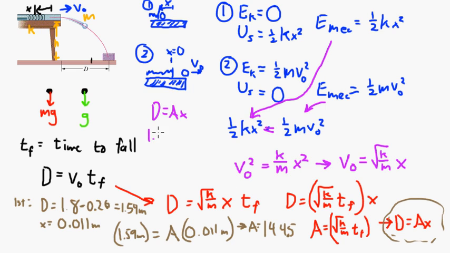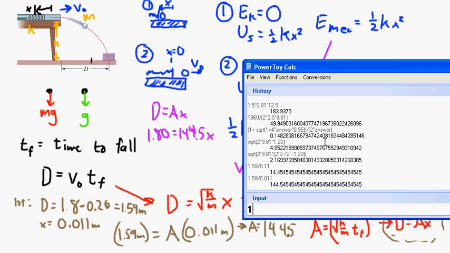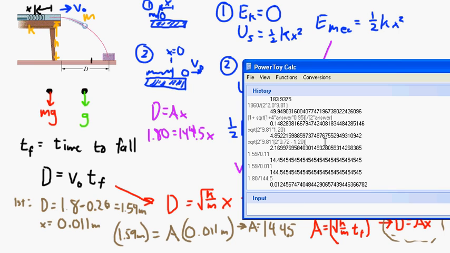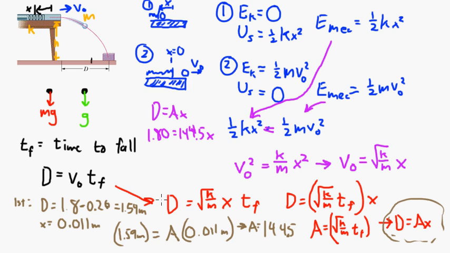We know d is 1.80 equals 144.5 x. I realize this is not very legible, but best I can do. So 1.80 divided by 144.5 is going to equal, so we want to compress it 12.46 centimeters.